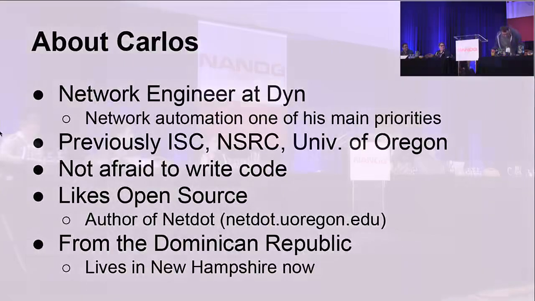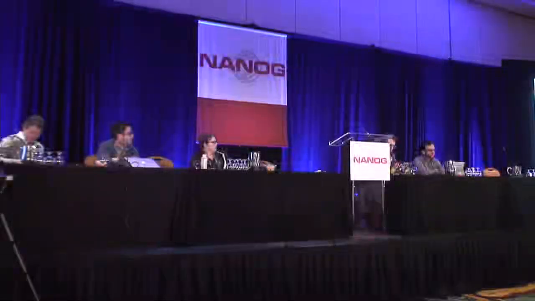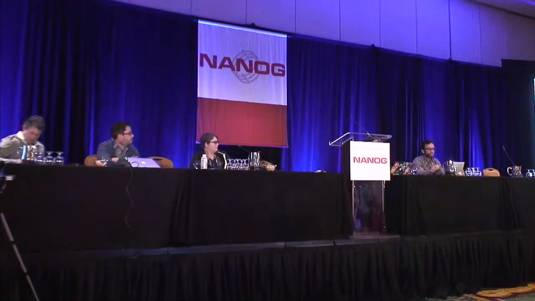So they asked me to say a little bit about myself. I'm a network engineer at Dyn. I'm active in different teams, but one of the main priorities this last year was to focus on network automation. Before Dyn, I was at ISC. Before that, I was at the University of Oregon.